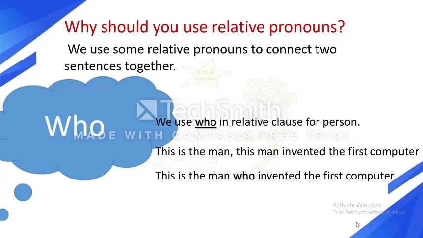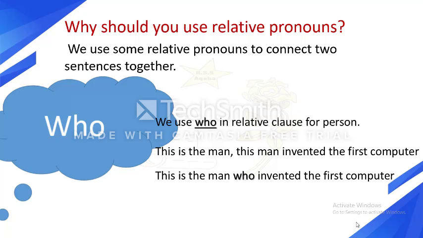This is the man who invented the first computer. So here we connect these two sentences using who, because here we are talking definitely about the man, and the man is a person, and we said that who is used for person.